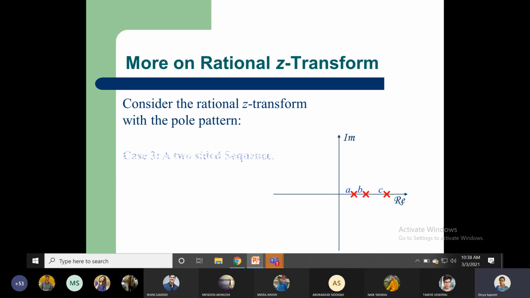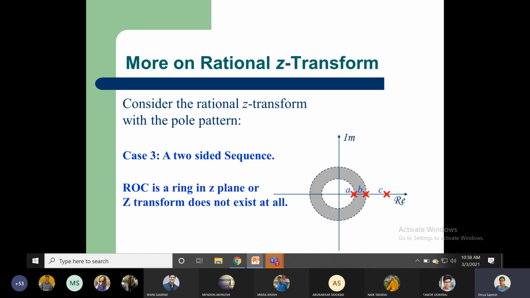Now the third case is a two-sided sequence, which has a right-hand side sequence and a left-hand side sequence also. For such a signal, the ROC is a ring in the z plane.